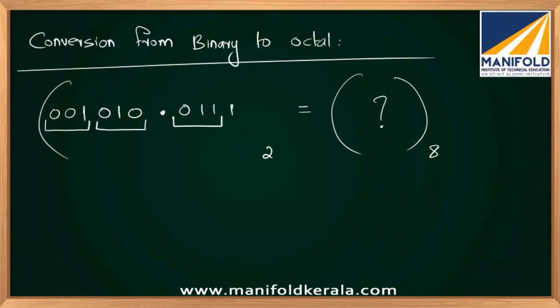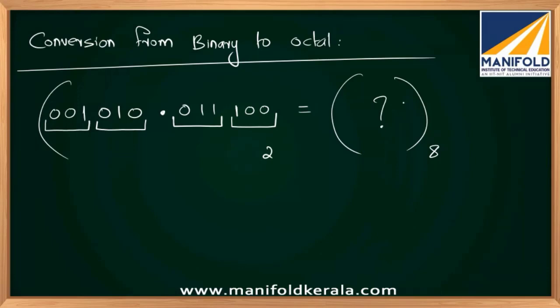And what about this particular bit left here? It is only 1 bit. How can I make it into a group of 3? You can add as many zeros to the extreme right of the numbers after the decimal point. These zeros don't change the value of your number, right? Now you have got a group of 3 here.